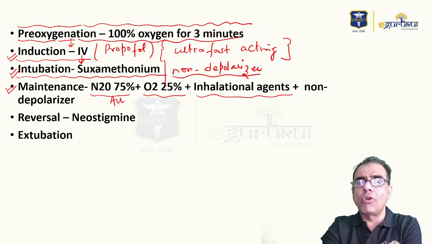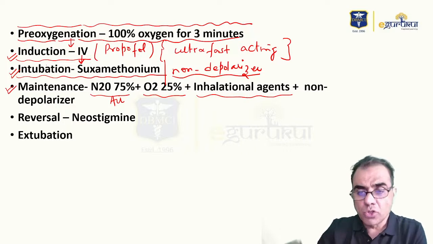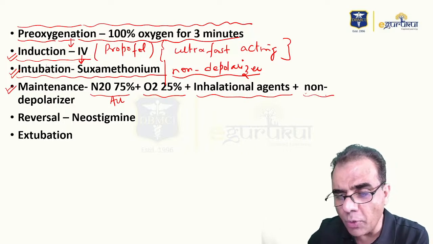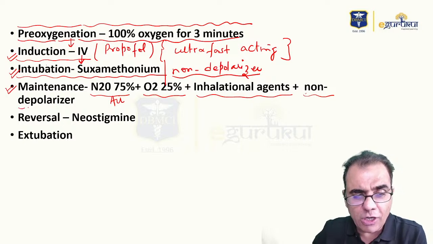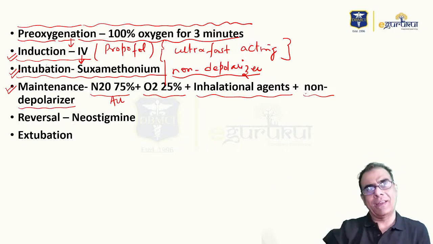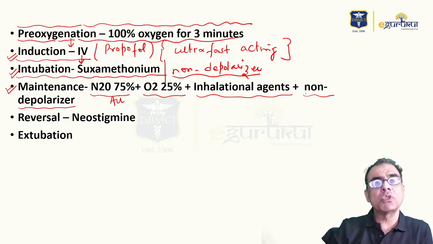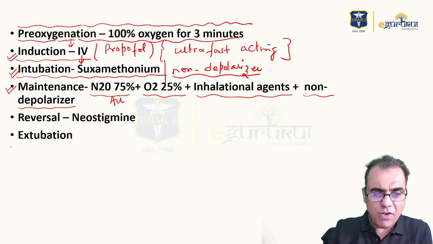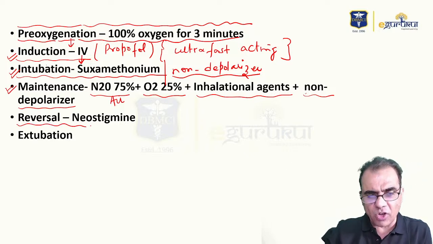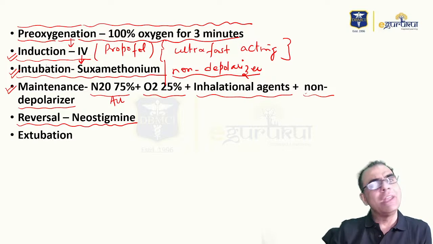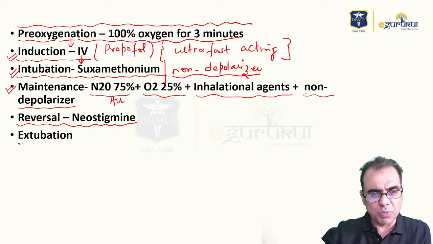For that, we have to use non-depolarizers, because they are long acting. At the end of surgery, we reverse the effect of the non-depolarizer by giving neostigmine, and then the patient is extubated.